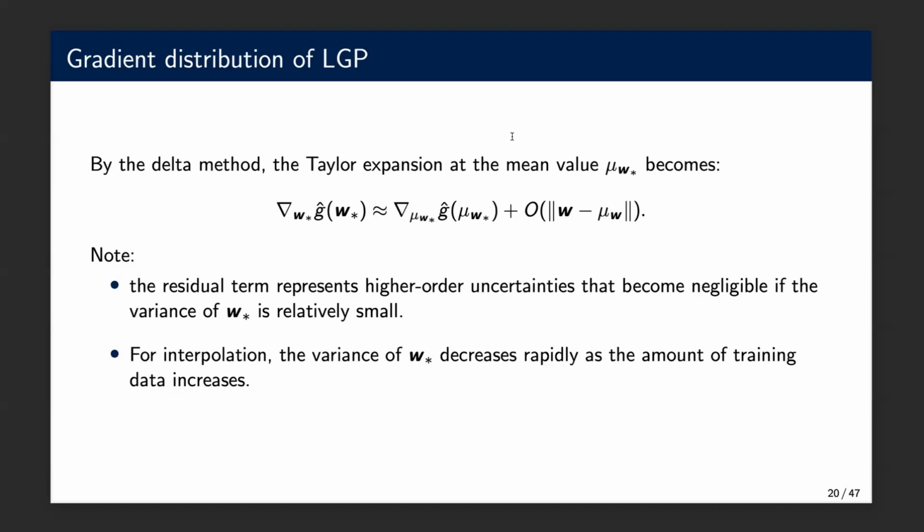The residual terms represent the higher order uncertainties and become negligible if the variance of W star is relatively small. In our task, we target interpolation, so there is no variance from the function itself to consider. So the variance of W star decreases rapidly as the number of training samples increases in our cases.